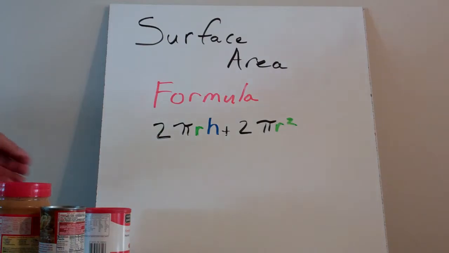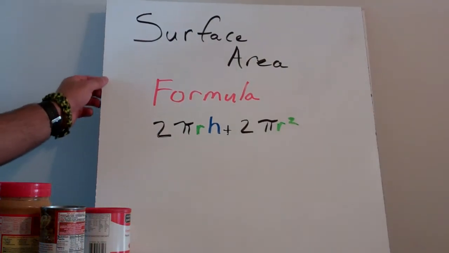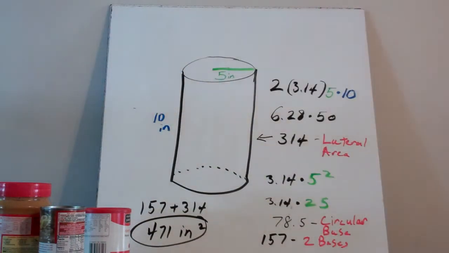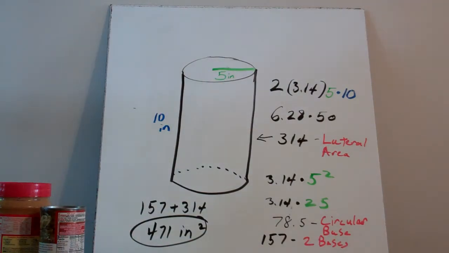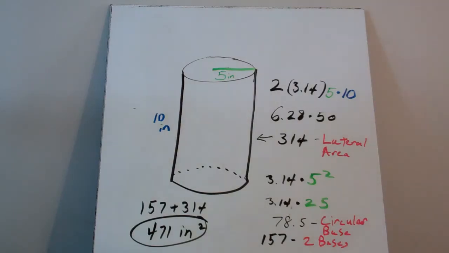Let's look at an example. In this example, I have a radius of 5 and a height of 10 inches. Let me move our cans out of the way. So we're going to find the area of the lateral face first.